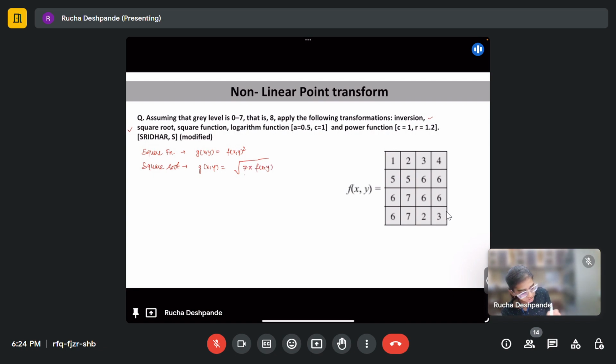This is 7 because this is a 3-bit image and the total number of gray levels is 8, so this is 8 minus 1, for the square root function.